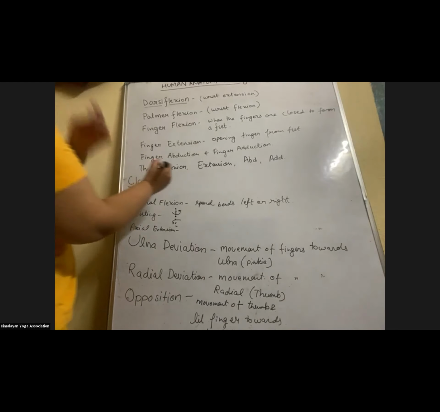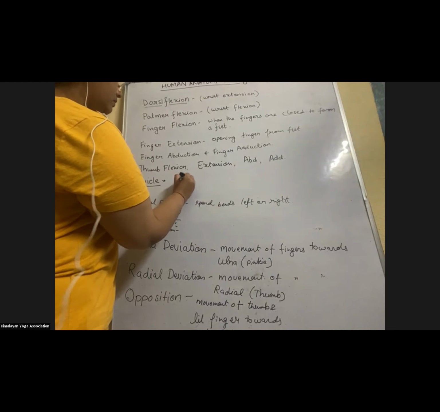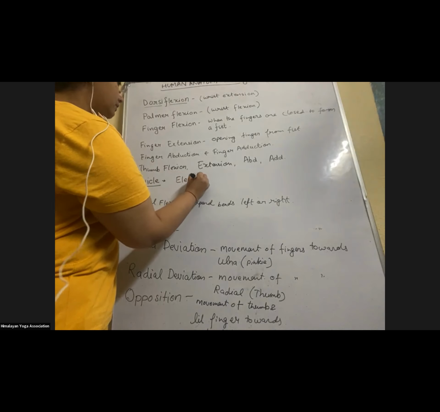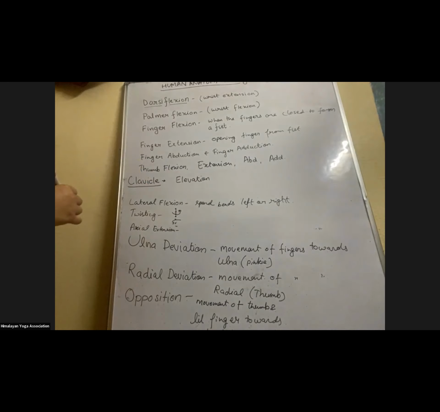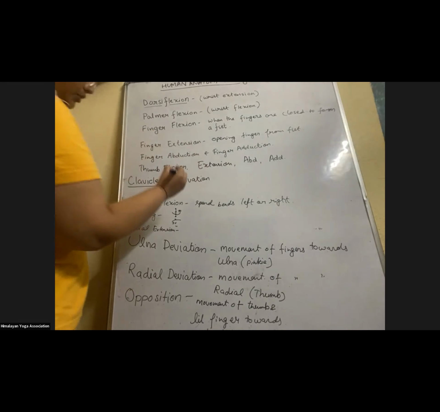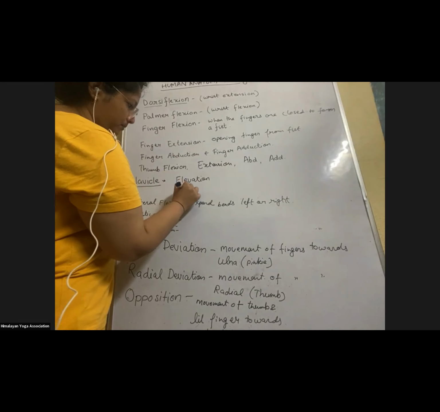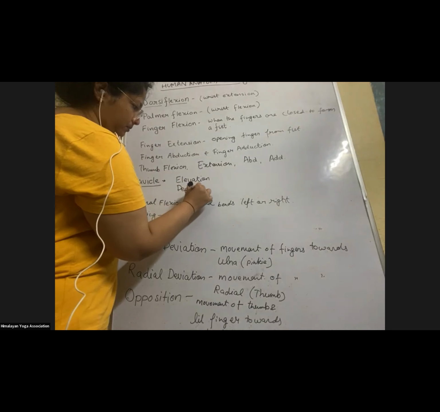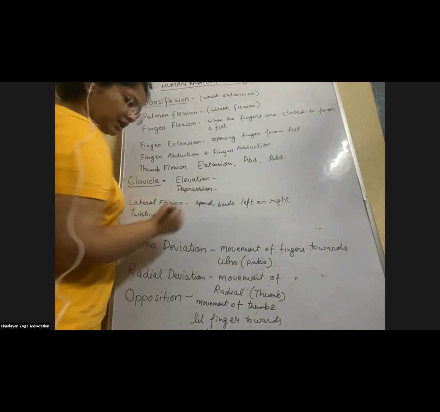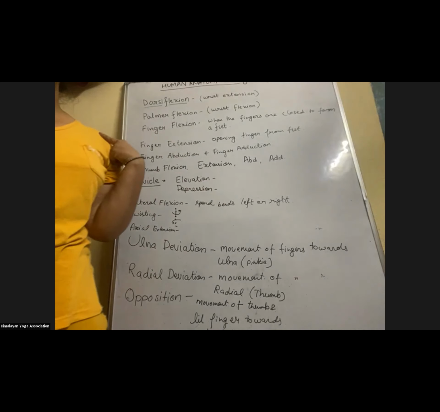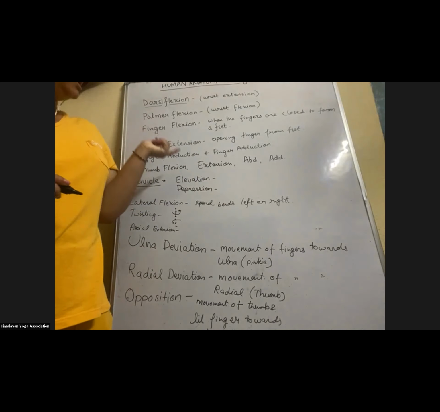And we have depression. When the distal end of the clavicle bone moves upward, it is called elevation.